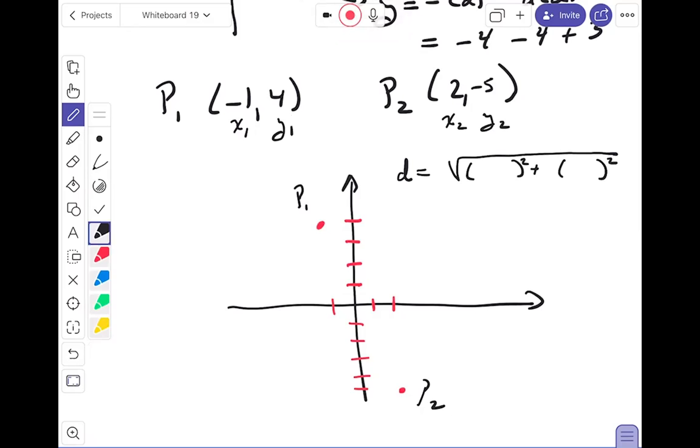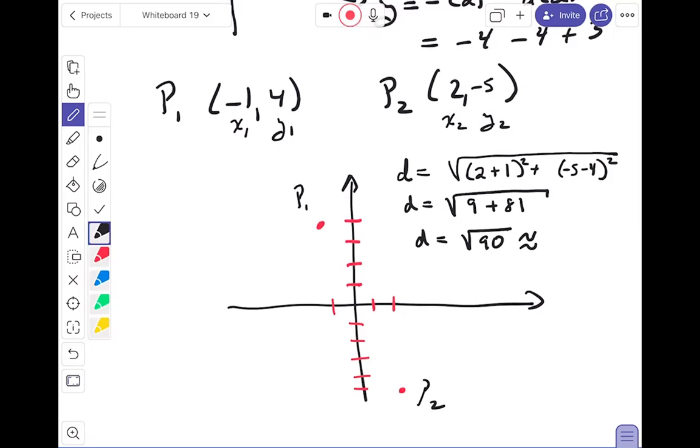It's going to be x2, which is 2, minus x1. Minus minus 1 is plus 1. Then what is it going to be? Minus 5 minus 4. I got to do the arithmetic. 2 plus 1 is 3. 3 squared is 9. Minus 5 minus 4 is minus 9. Minus 9 squared is 81. So d is going to be the square root of 90.